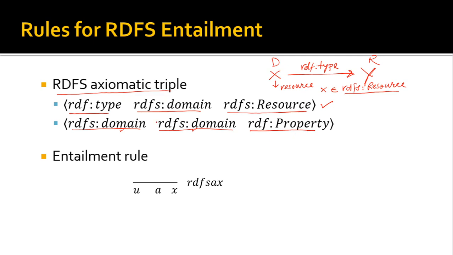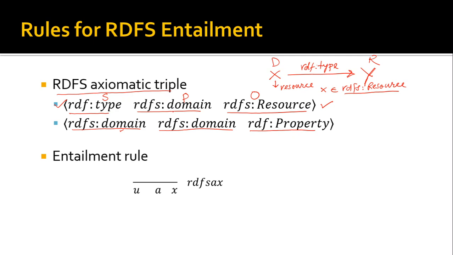That means we can define the domain for a property, of course. If you look at this triple, this RDFS domain is acting like a property. This is your S, this is your P, and this is your O. So here your RDFS domain is acting like a predicate or a property.